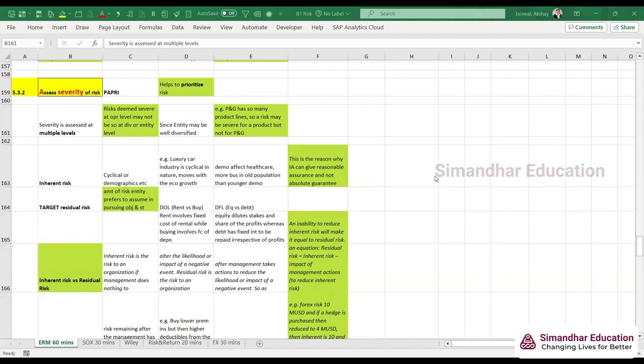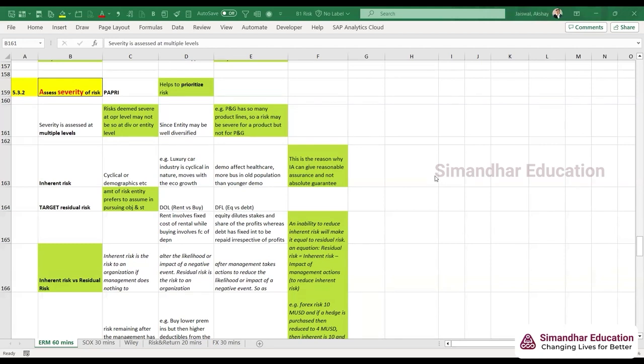After trying to reduce it to the extent possible, some risk will still be there, because there is something called cost benefit analysis also. Let's say the cost of reducing the risk to zero is so high that it doesn't make sense. So maybe we will not try to reduce all the risk, but we'll try to reduce the maximum risk, and whatever is remaining is called residual risk.